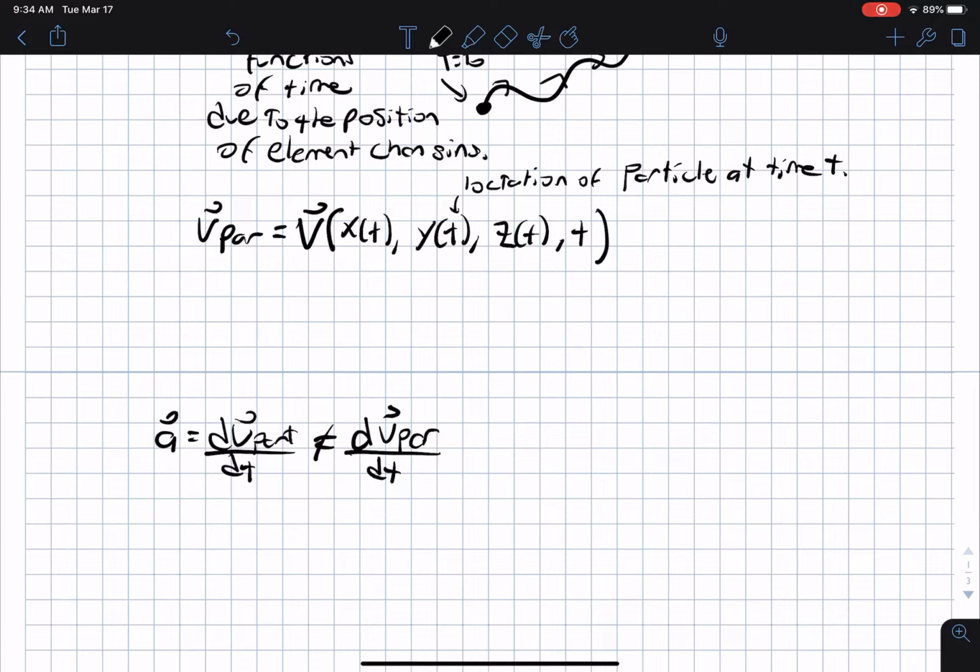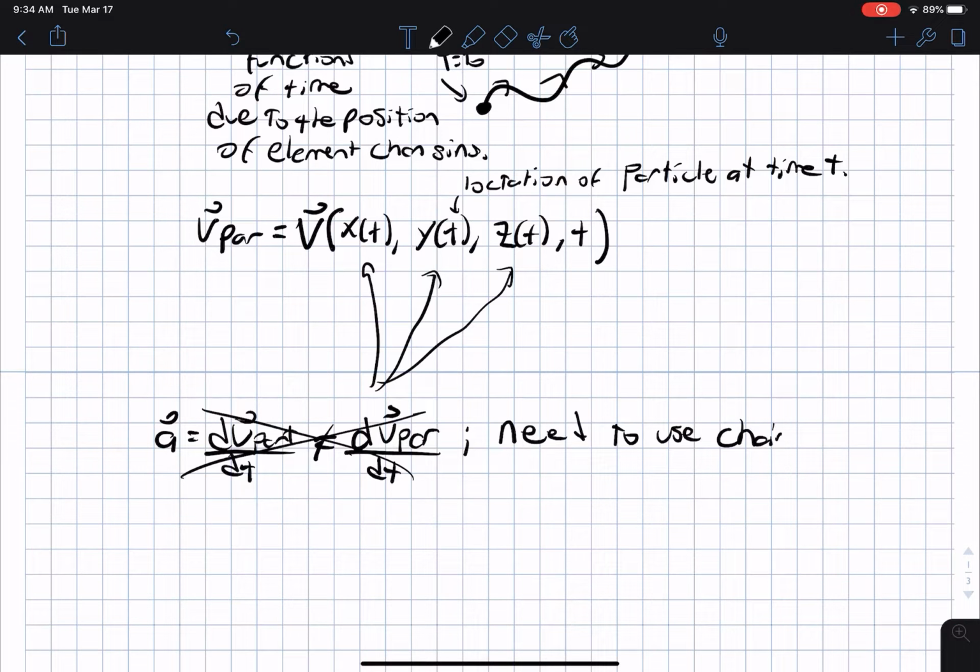The reason being that this is not just the time derivative of the particle velocity is that x, y, and z are also functions of time. So we need to use the chain rule.